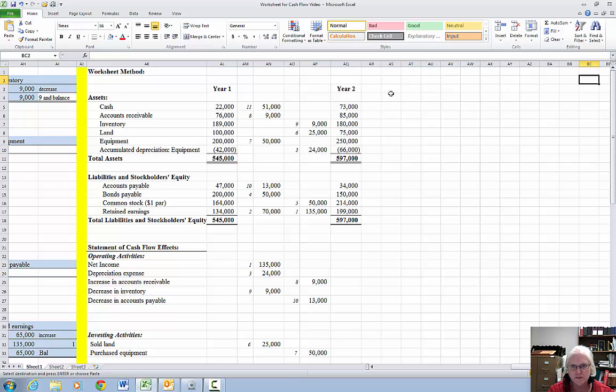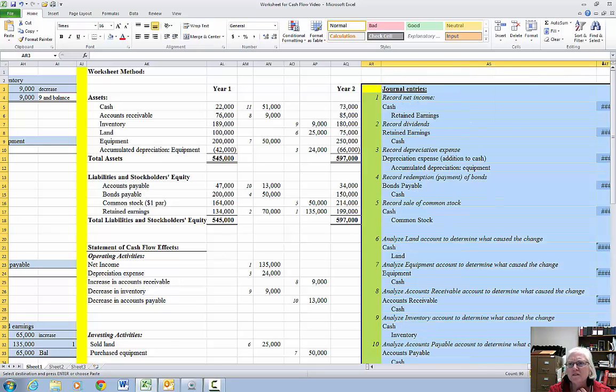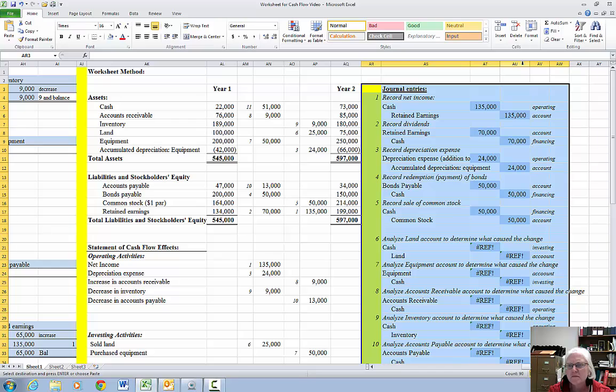Hopefully. We'll see how well it works. Paste. Let me get the columns a little bit wider. Get numbers where we can see them. Okay. Whoops. I knew that was going to happen.